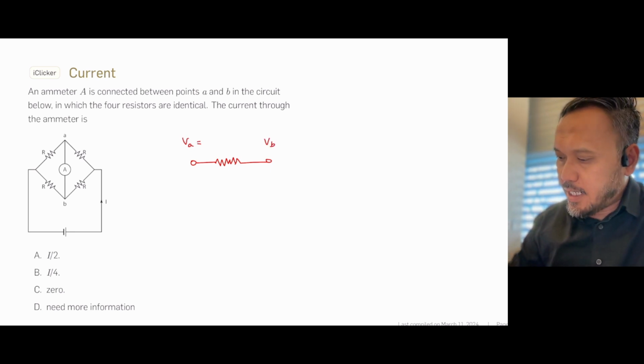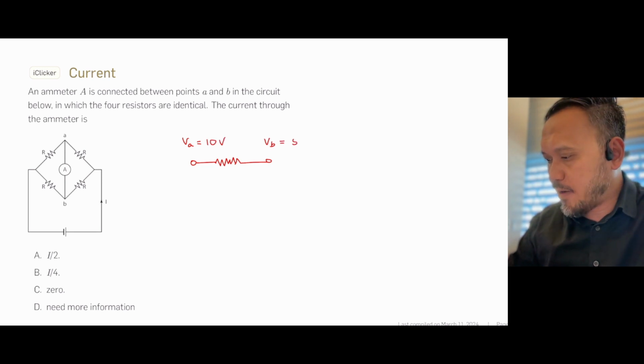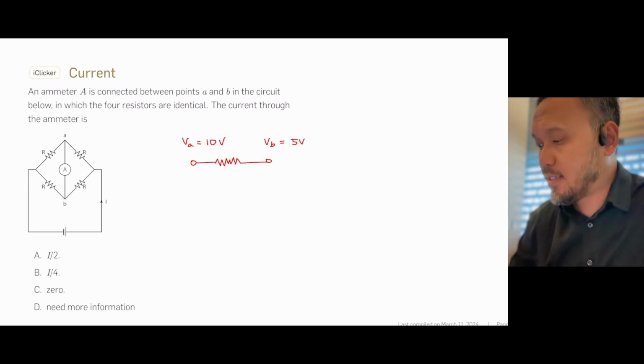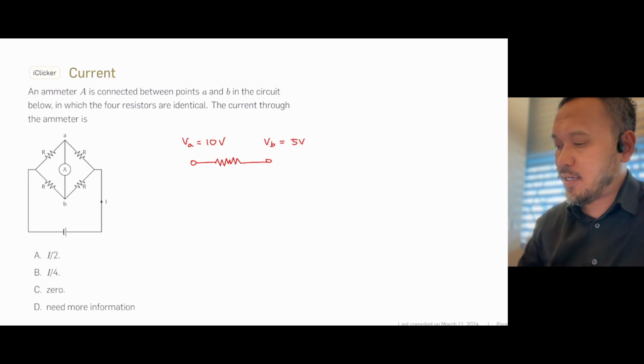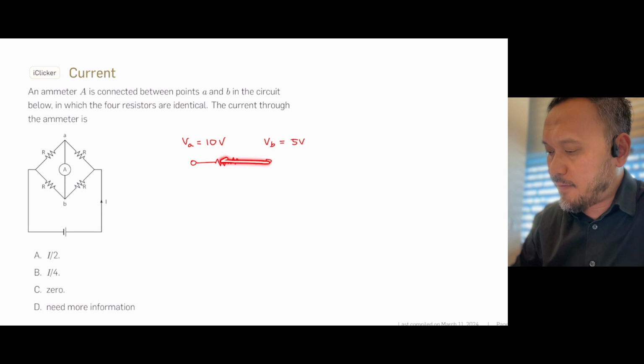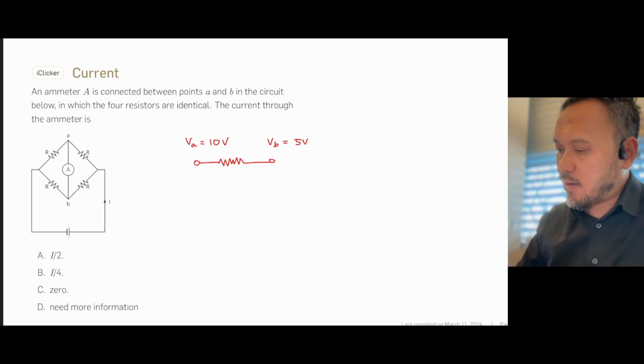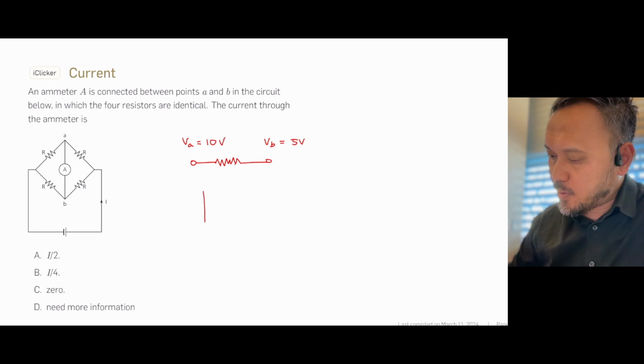If VA is 10 volts and VB is equal to 5 volts, then in the first iClicker I asked the class whether there is any current, and if there is, whether it flows from left to right or from right to left. The answer is that the current would flow from left to right.